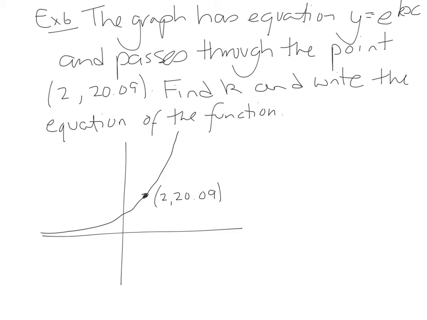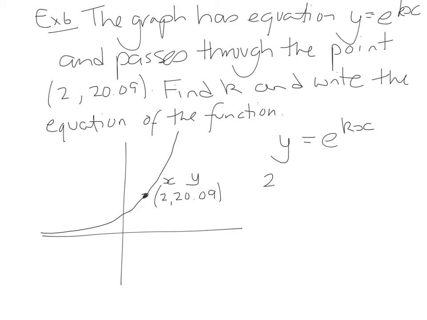So this takes us back to the earlier graphs that we did for exponential and log functions, where we were trying to find an unknown value and we were subbing in the point. So we're going to do the same here. So first of all, write the equation. Here's our point, so this must be x and this must be y.